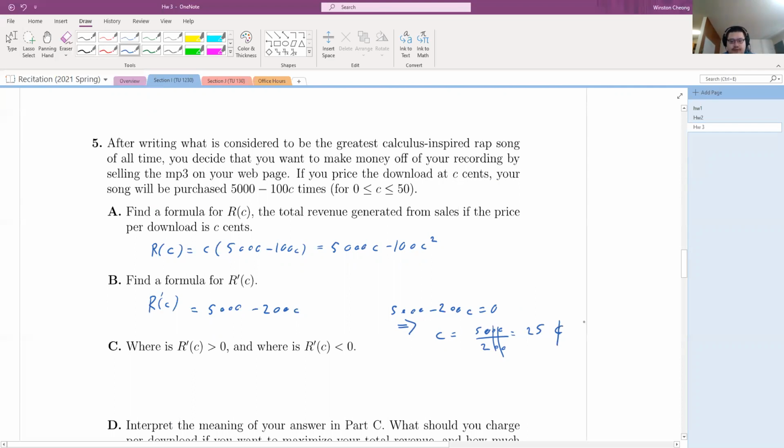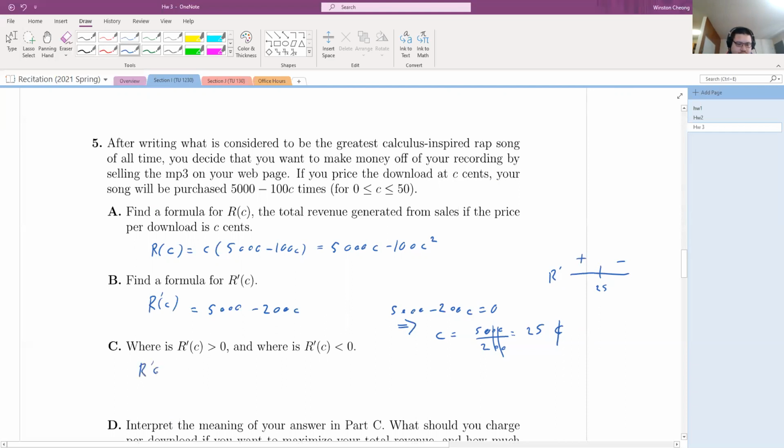And now we can mark a number line. Maybe I'll give myself a little more space for it. R prime at 25 cents. I'm thinking about this function and noticing this is negative, so if I put something greater than 25 cents, it's going to be even more negative. So we get negative here and positive on this side.